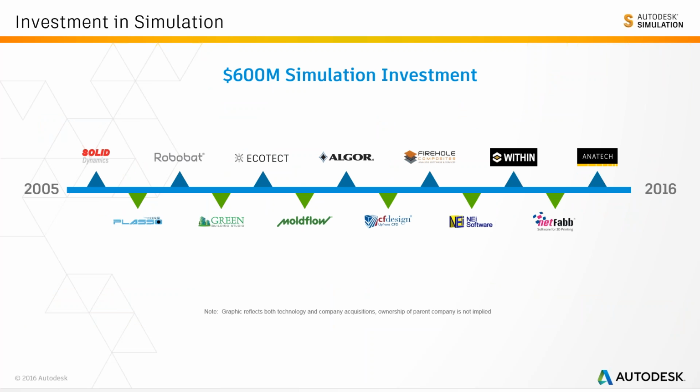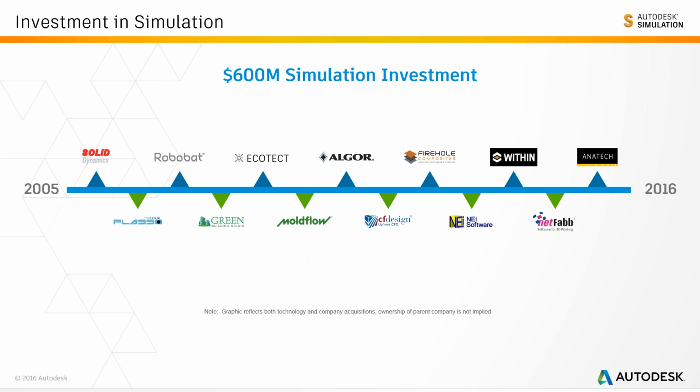So Autodesk takes simulation very seriously, acquired many technologies and companies over the years, and the Nastran In-CAD software that will be shown shortly came from NEI software about 3 or 4 years ago.